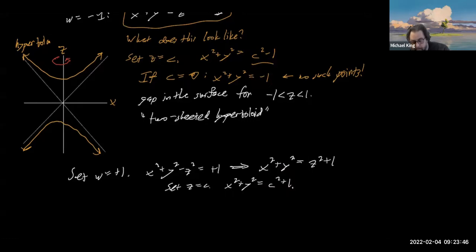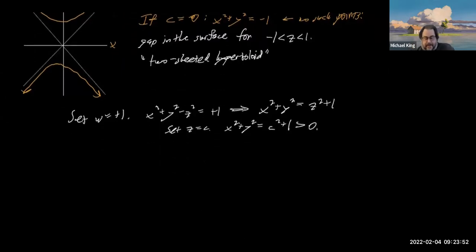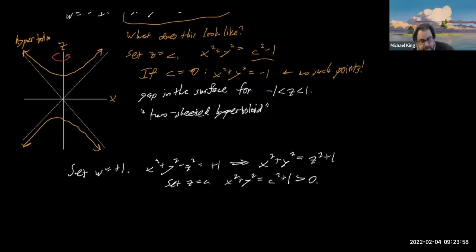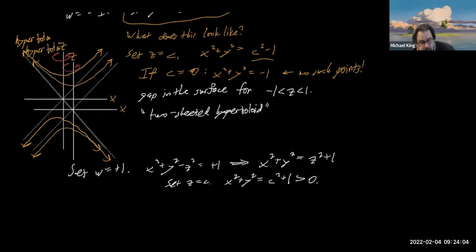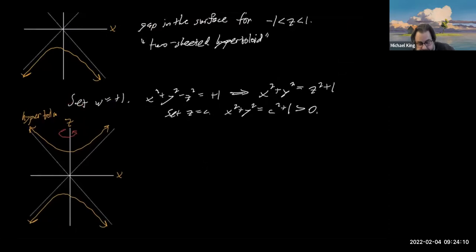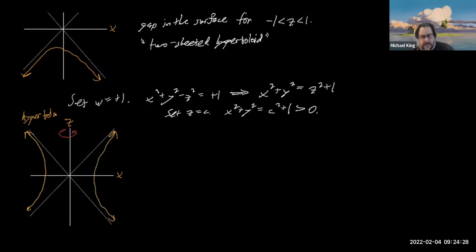In fact, this is going to be like spinning. Maybe I can duplicate this. I'm going to move this down here, but instead of being this hyperbola, it's now this hyperbola right here that's being spun around the z-axis.